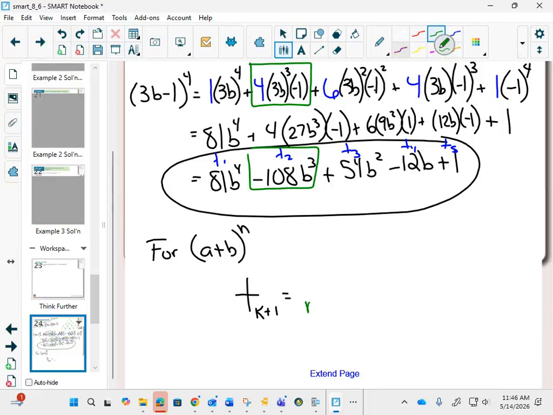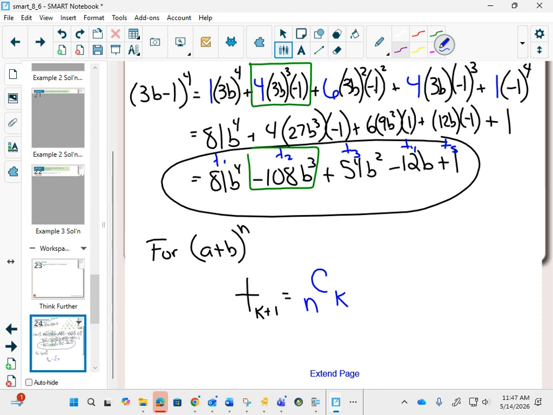That's green. There we go. And this is why we have a k plus 1 here. If the second term is 4 choose 1, then if k is 1, 1 plus 1 would be 2. And then I would just have n choose k.